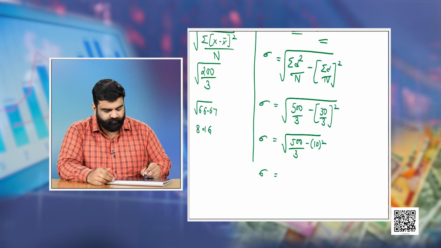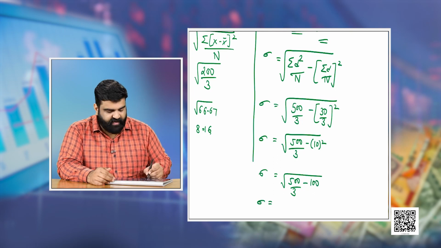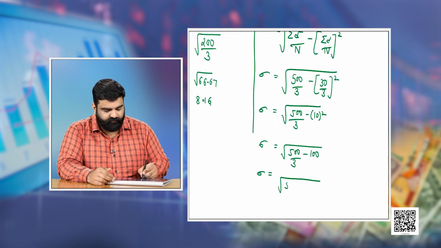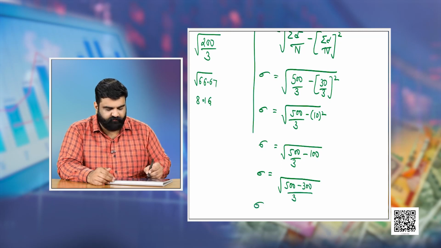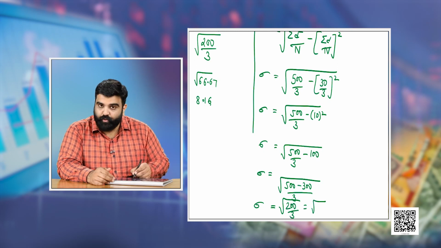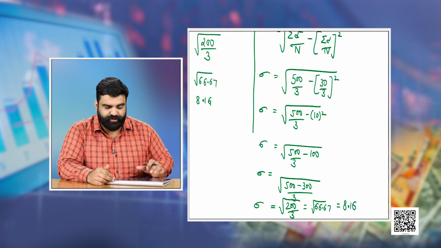So, we have 500 by 3 minus 100. This will give me a value of 500 minus 300 by 3, which gives me root of 200 by 3, root of 66.67, and hence my final value of 8.16, which will be my standard deviation.